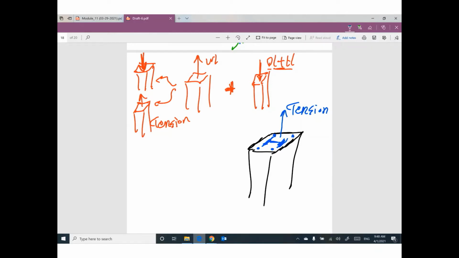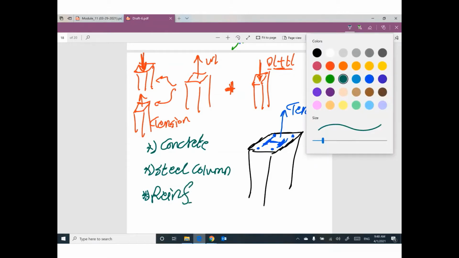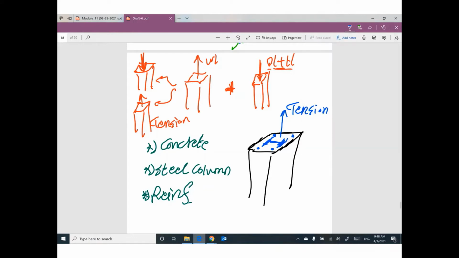As I told you, this composite column consists of concrete, steel column, and reinforcement. Anybody can tell me which material is working in tension? Concrete will not work in tension. Steel column can work. Steel reinforcement can work.